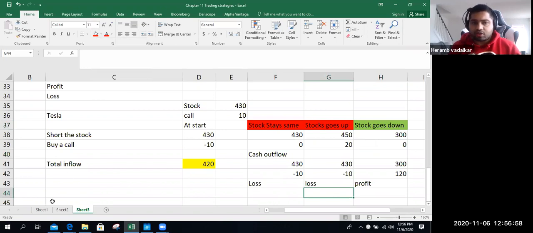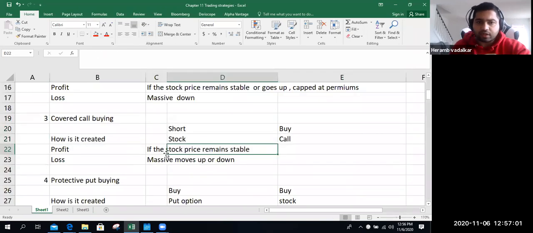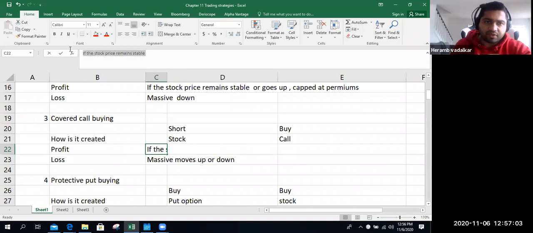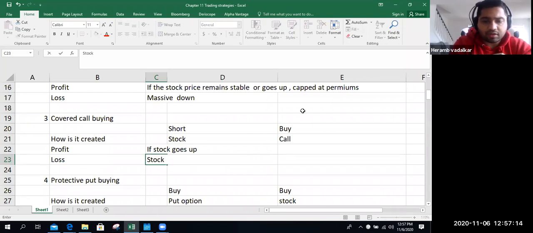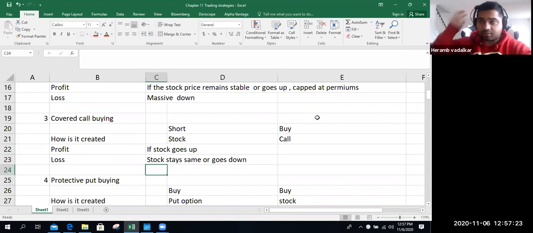So covered call buying, profit if the stock goes down, and loss if the stock stays the same or goes up.